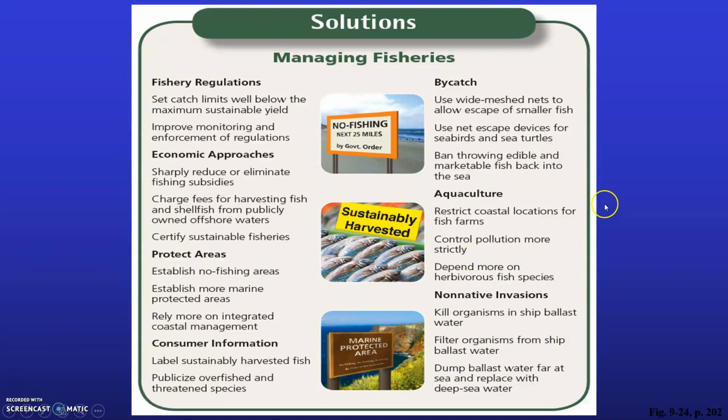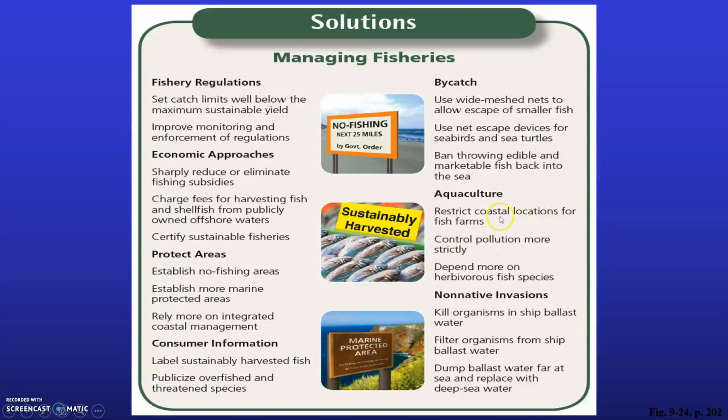So when it comes to aquaculture, it's a good approach in order to benefit less depletion of marine fish species in the oceans. However, there are some control issues regarding pollution that stems from aquaculture.